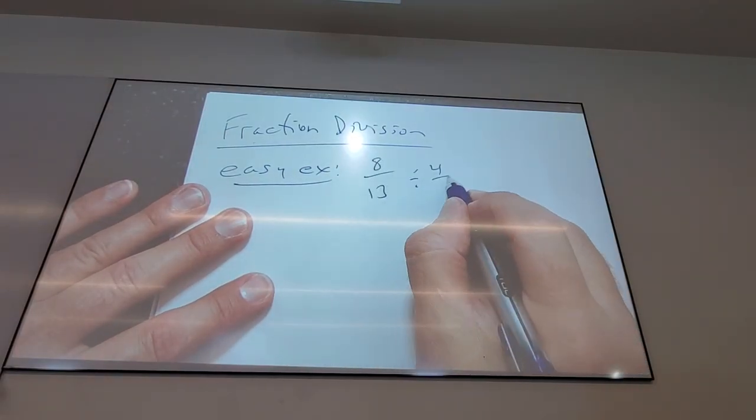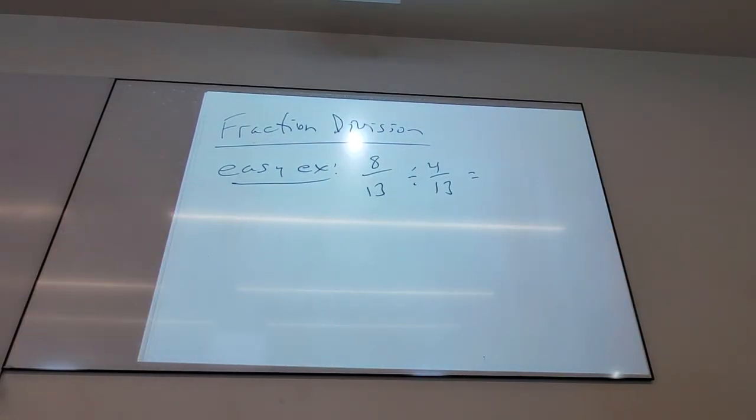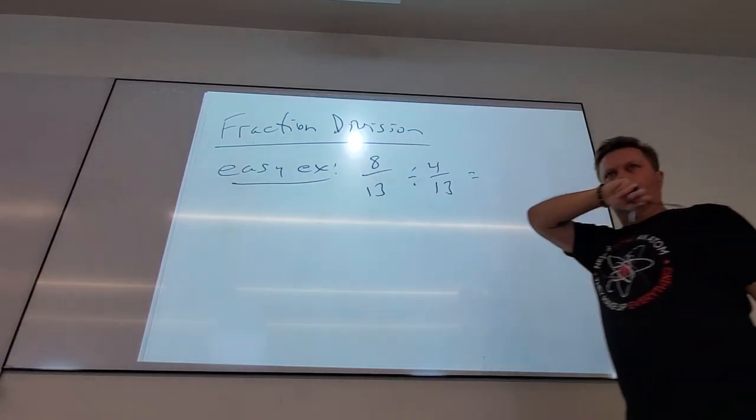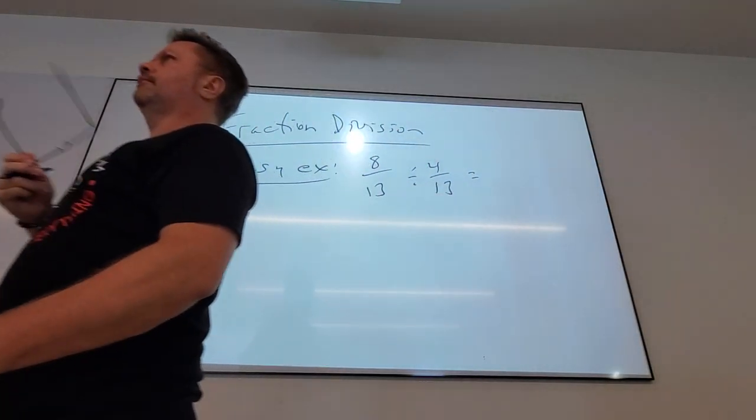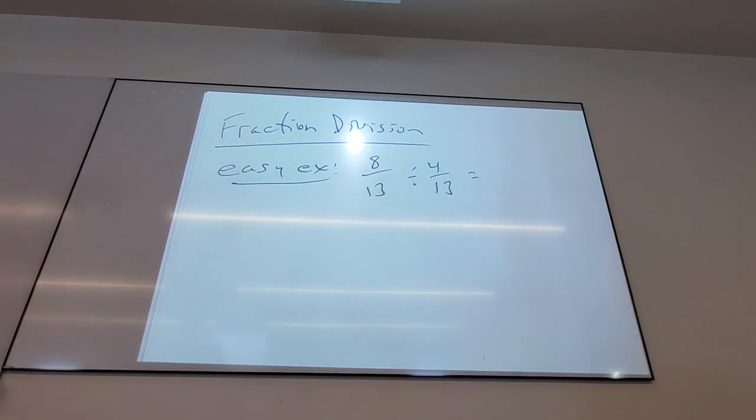8/13 divided by 4/13. Think about it in terms of missing factor. So the answer would be the number that I have to multiply 4/13 by to make it 8/13. So how many 4/13 makes 8/13? 2. Done.